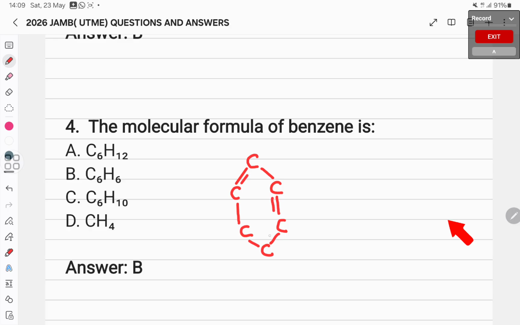The next one is double bond, the next one is single. So single, double, single, double. So there are 3 alternating double bonds between the carbon atoms in the molecule. Then to each carbon atom is attached 1 hydrogen atom, as you can see. This is the planar structure of a molecule of benzene.